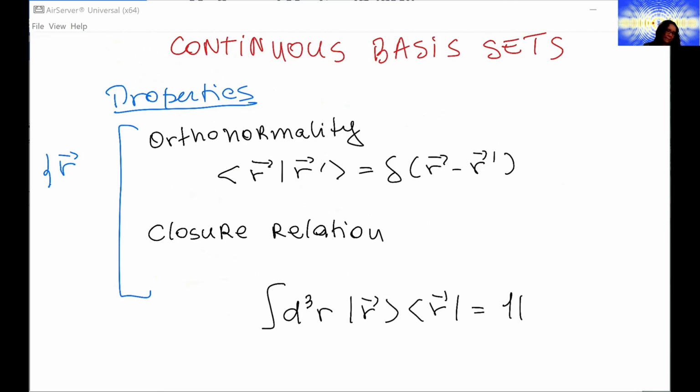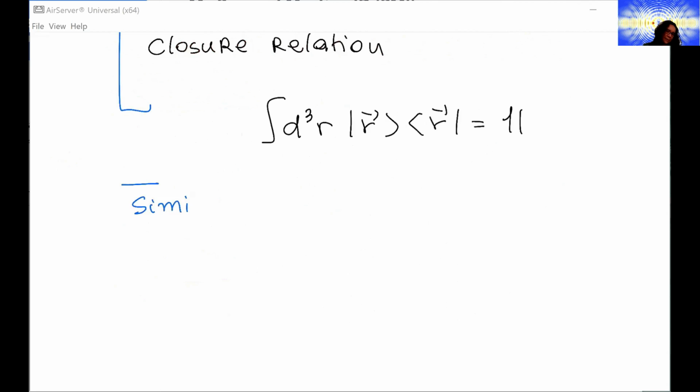Similarly, for the p basis, we can also write the inner product of bra p with ket p prime is delta of p minus p prime, which is the condition that they are orthonormal.